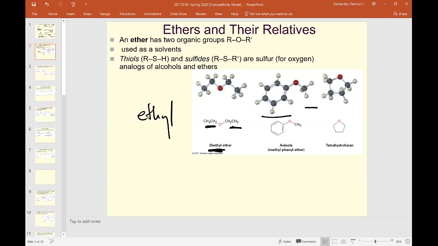In that case, we name alphabetizing. Methyl comes before phenyl, so it will be methyl phenyl ether. And then we have a special case here of a cyclic ether of a 5-member ring with an oxygen, and we call that tetrahydrofuran. We have already met that one in chapter 11. We learned that this is a very good solvent for running SN2 reactions.